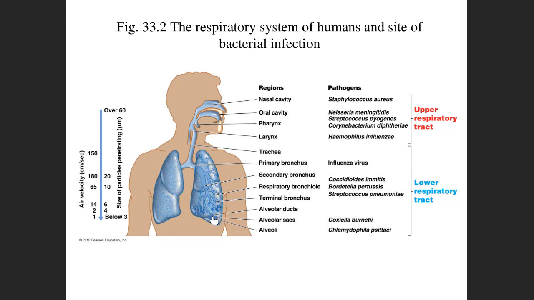So at the end of the respiratory tract, there is no protection, right? So if bacteria go through, then that's a problem. So that's why it's important, the density is important.